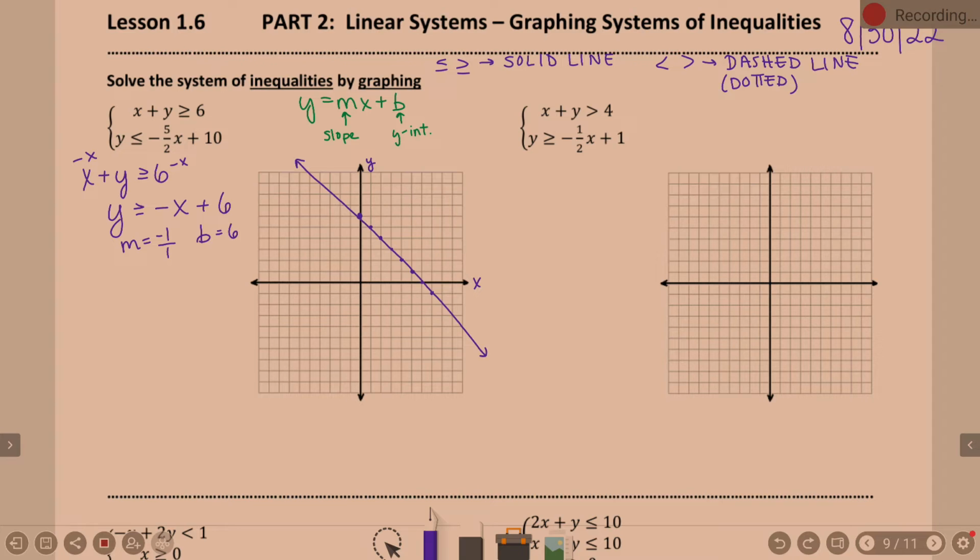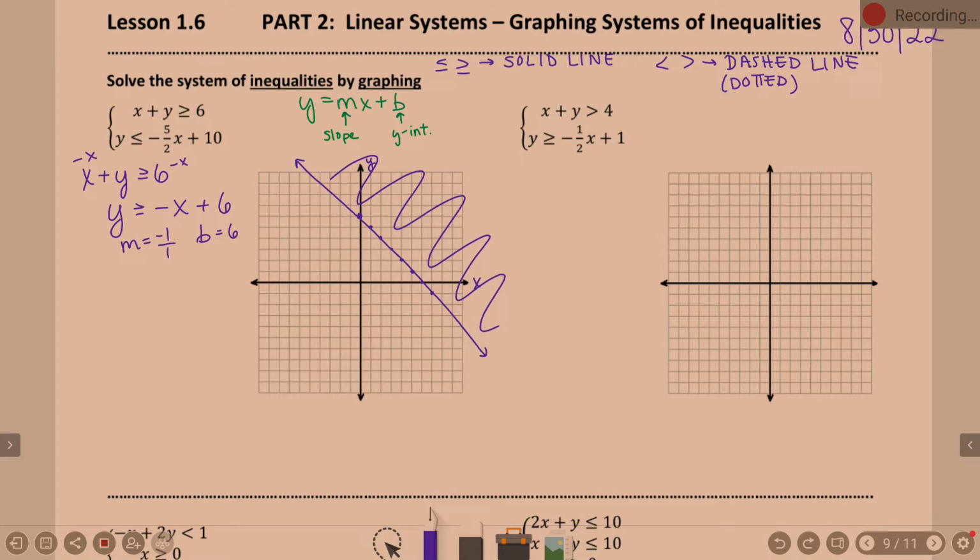I would shade lightly. Easier said than done with this marker. You're kind of just doing a light shading, yes? Or maybe you don't want to shade and you'll remember it and do it at the end. Or you can use arrows. I don't want to make my graph so hard I can't see it.